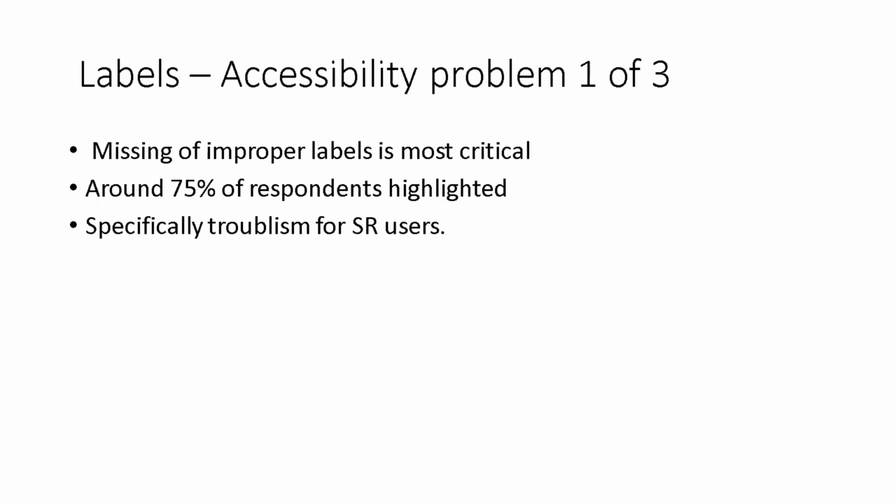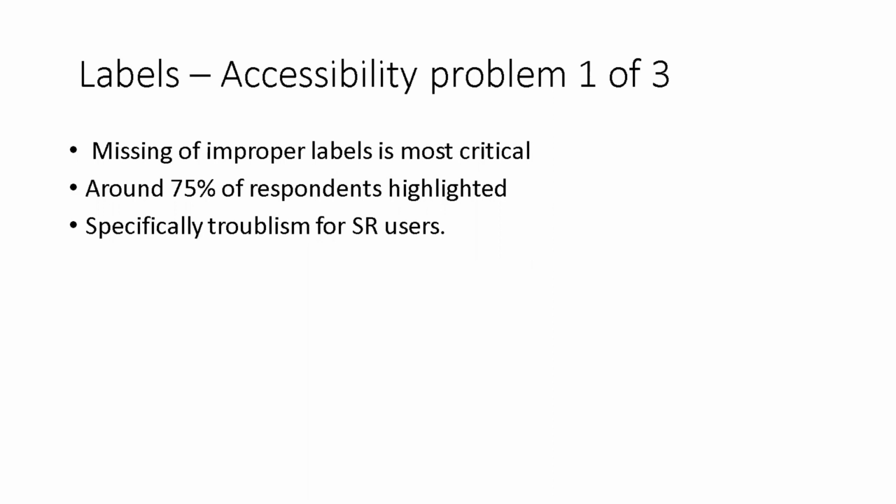So coming to the specific problems of accessibility, labels is the highest prioritized accessibility problem by the screen reader users. Missing labels and improper labels are identified as one of the critical problems by people who have disabilities.